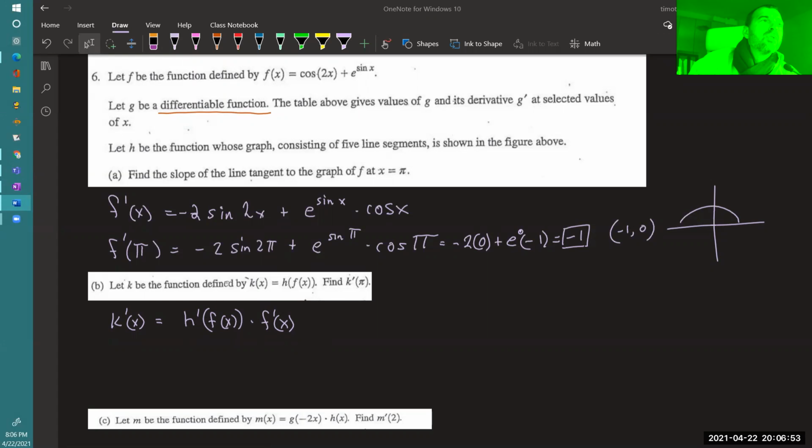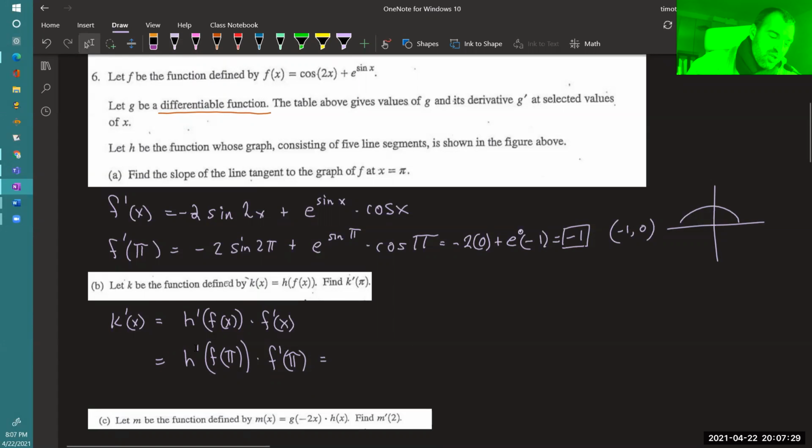Too many monitors. Okay. Now, I'm actually just going to plug my pi's in here, h prime of f of pi times f prime of pi. F prime of pi we already have. We figured it out up there, so we're going to reuse that information. So that's just going to be a -1 when I get to it.